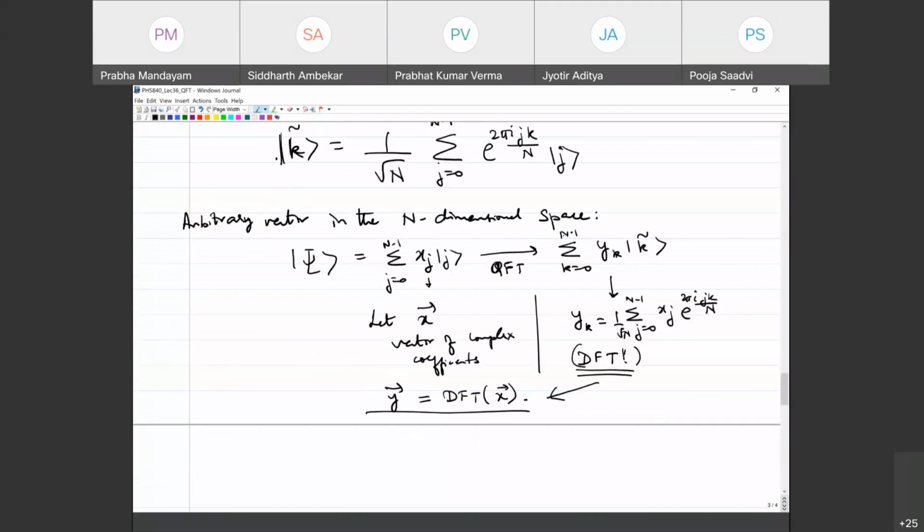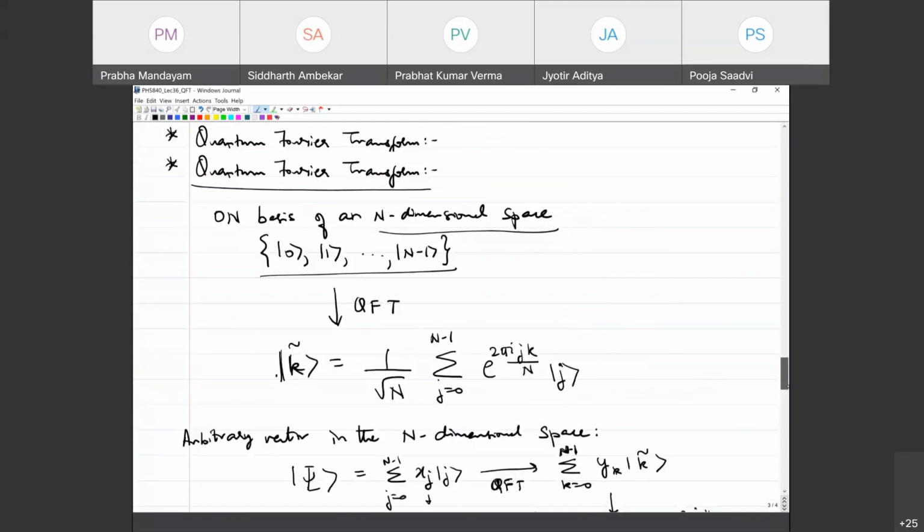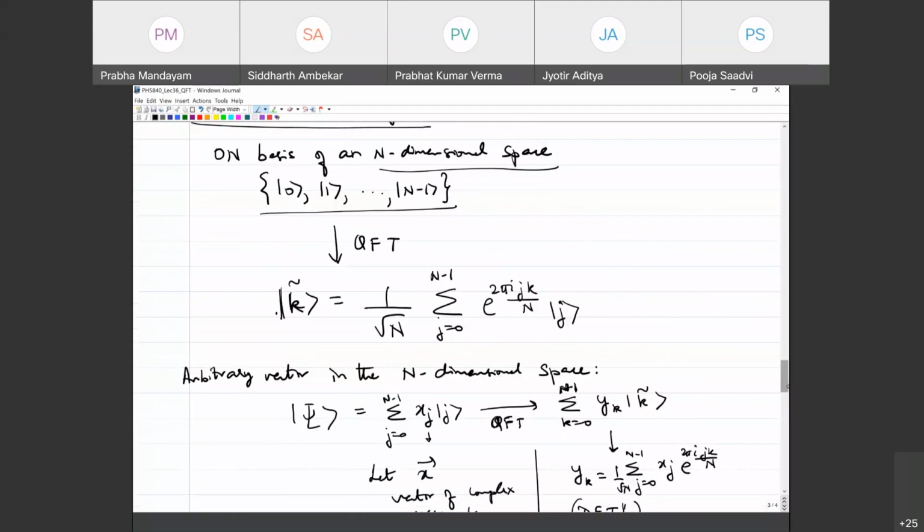So let's now look at properties of this quantum Fourier transform. The first order of business is to check my claim that the tilde vectors, which are the vectors you obtain after doing the Fourier transform, are indeed orthogonal.